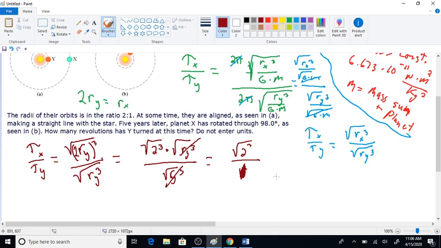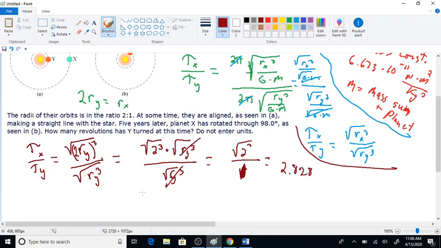Let me get the calculator. So this is equal to 2.828, okay, and that's equal to this.